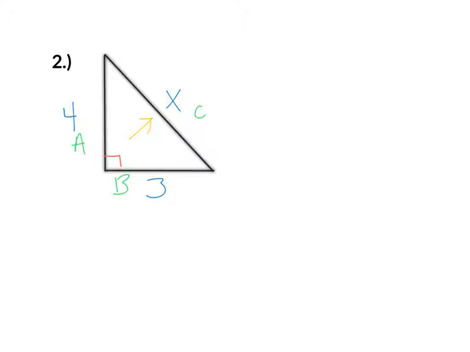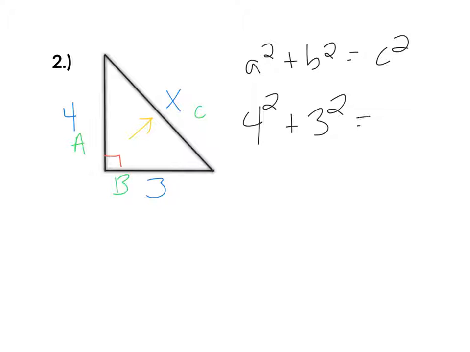And we should all know how to do this. So once again, we write down a squared plus b squared equals c squared. We know that a is 4, so 4 squared. We know that side b is 3, so 3 squared, and that gets us c squared. So, simplifying this, we know that 4 squared is 16, we know that 3 squared is 9, and we do not know what c is, so we just leave it c squared.